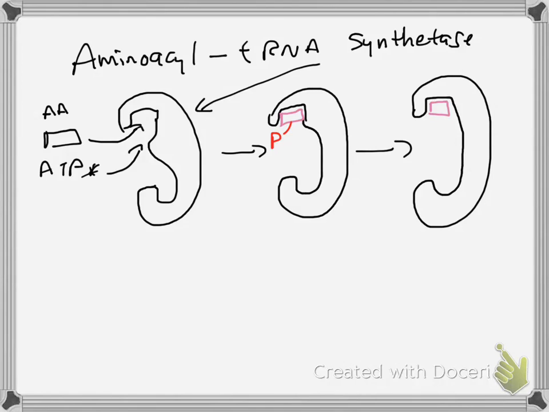I'm just going to draw it kind of like your book does, a little bit L-shaped, and it's going to come on in here and slide into place. As that happens, the phosphate group that was here is going to leave, so let's get rid of the phosphate group.